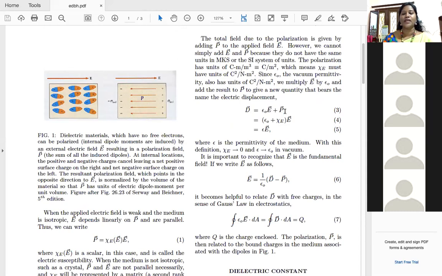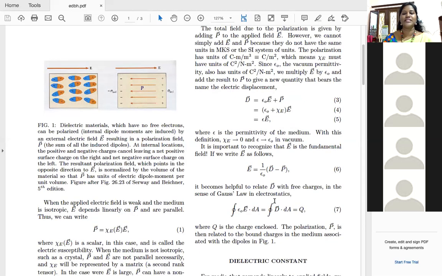And this can be turned into epsilon naught plus chi E, and totally it becomes epsilon E. Instead of epsilon naught, it becomes epsilon when it goes through a medium. So hence the relation is D is equal to epsilon E.